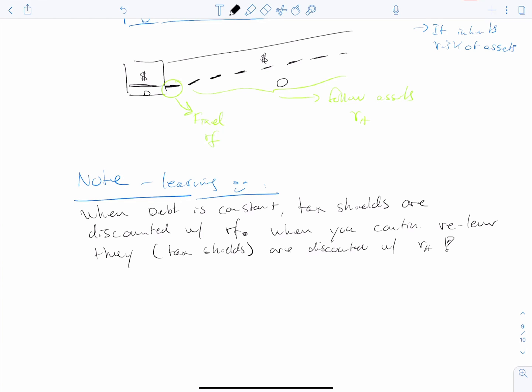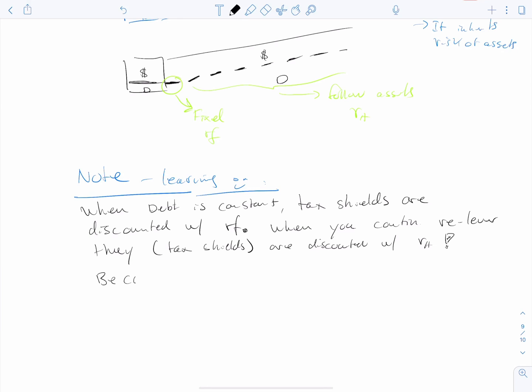Okay, because the size of tax shields follows your assets.